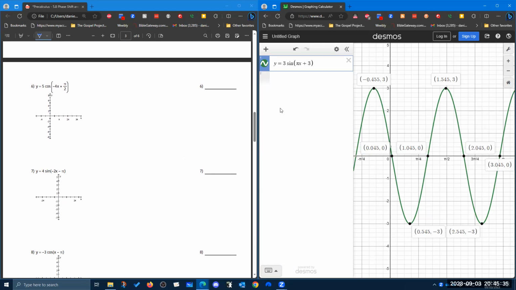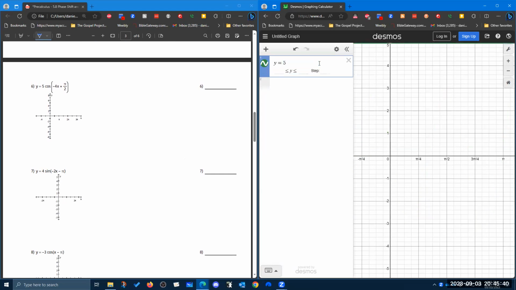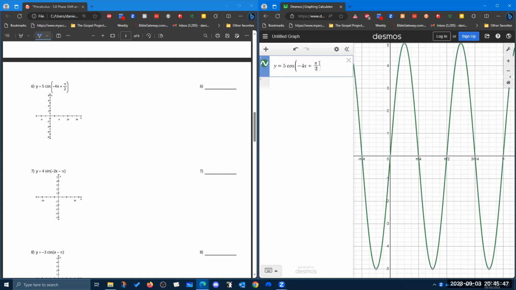All right, let's keep going here. Just a few more problems. 5 cosine of -4x plus pi over 2. Remember what I told you, we don't like omega to be negative, so I'm going to change that up and say that this is 5 cosine of 4x minus pi over 2. Or I could have written that as pi over 2 minus 4x.